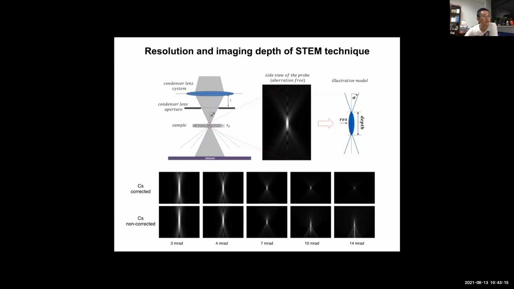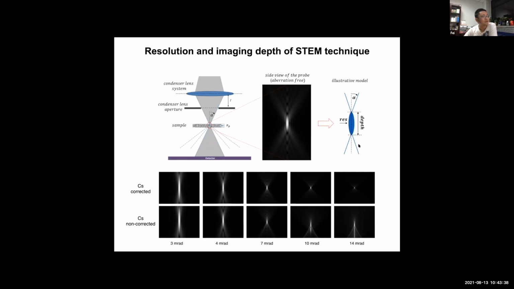The resolution and the depth of focus are related to the convergence angle. For a larger convergence angle, the resolution will be increased. The size of the probe is reduced, and the depth is also reduced.